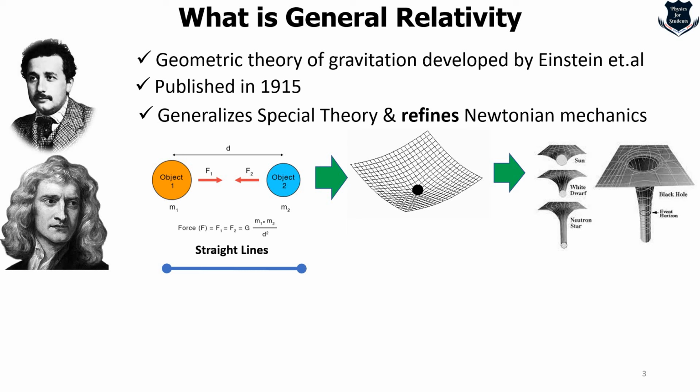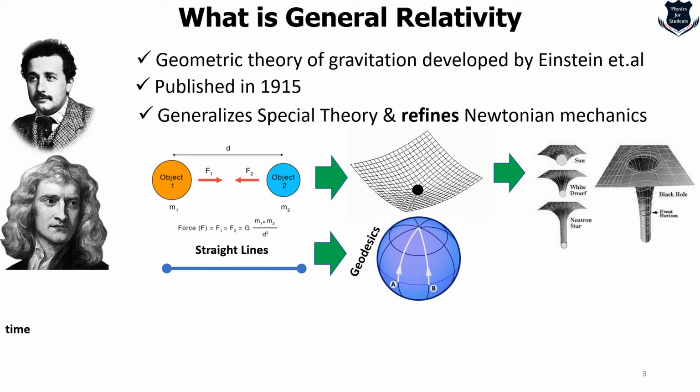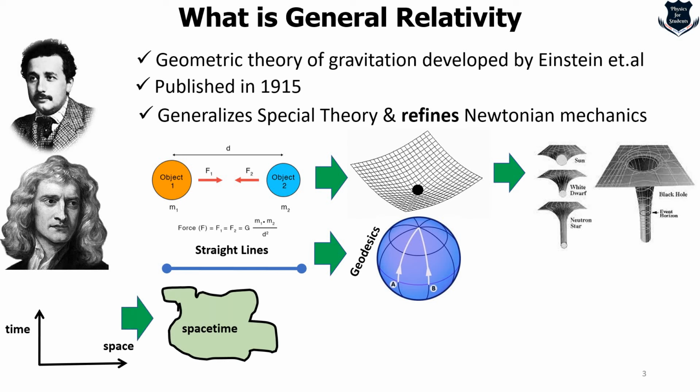So the straight lines that we calculated in our young days or in school get extended to what are called geodesics, which we are going to learn about, and the mathematics that is required to learn them. The relationship is defined by Einstein's field equations, and here, as you can see, time and space, which were considered to be two different identities, were unified into what we call a space-time manifold, or a four-dimensional space-time manifold.